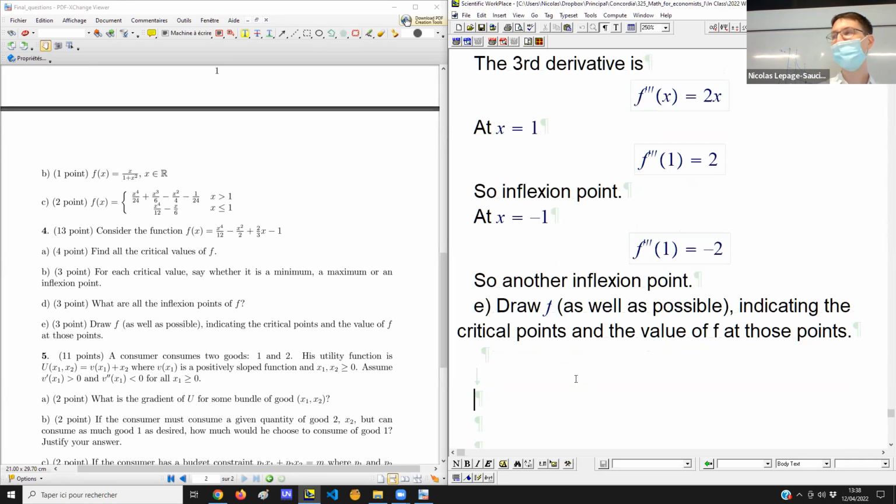So I've never really said how you should do that, but the best thing to do is to place all your points. Then it's easy to draw the function that links all of them. So the trick is to put the points of interest.